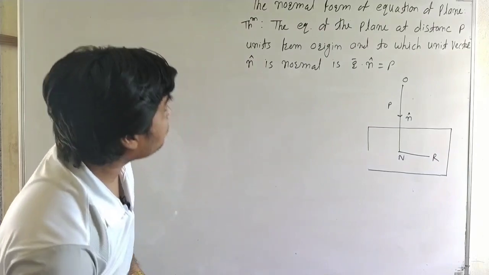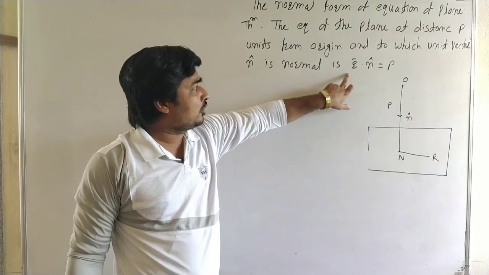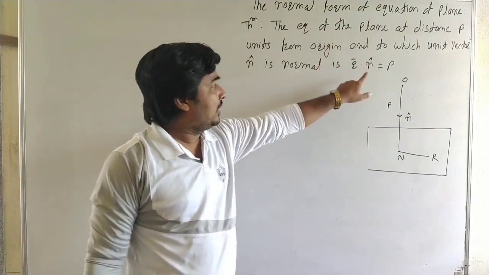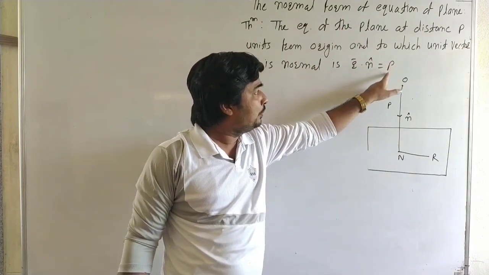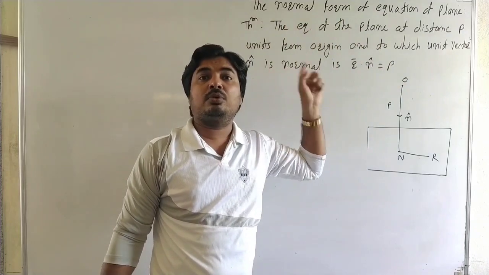Here it is the equation of a plane in normal form. Here N cap is perpendicular to the plane, that is, it is a unit normal, and P is the distance of the plane from the origin.